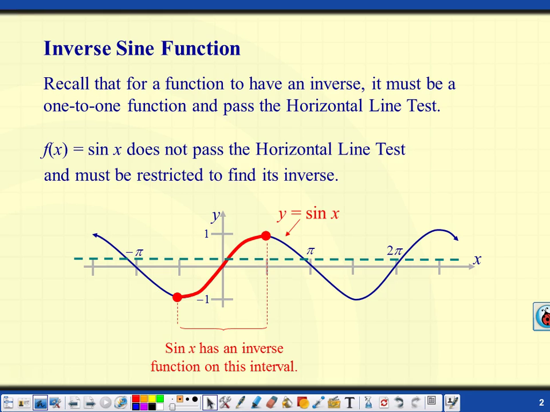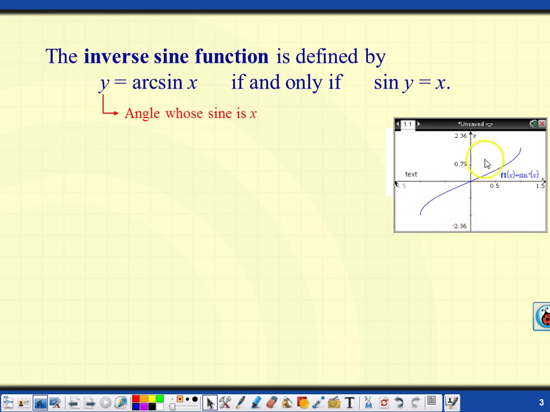And so when you do an inverse function, you switch the domain and the range. So what's my domain going to be for inverse sine? And my range? Okay, and so that's what you're seeing on this, as far as the domain and the range. See how it looks like it's going from negative 1 to 1, and this would be negative half pi to positive half pi.